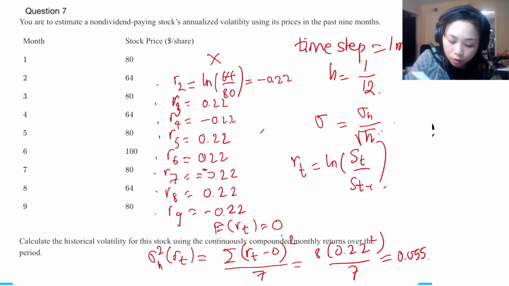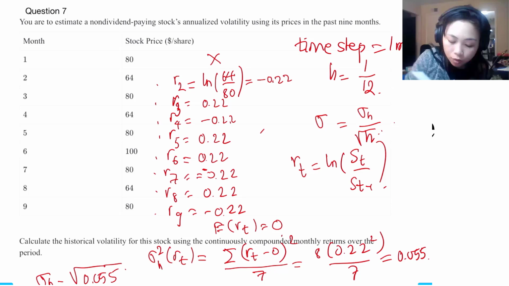Excuse me, there's no space here to work on this problem. So the answer here is you take square root of 12 times square root of 0.055, and the answer is 0.81. See that? Which means 81%.